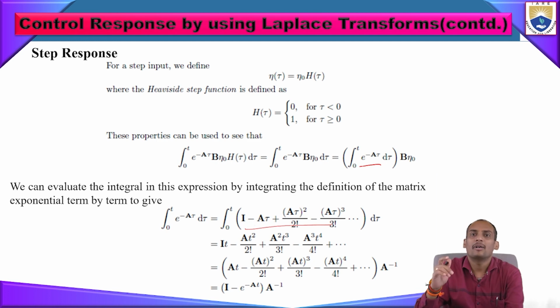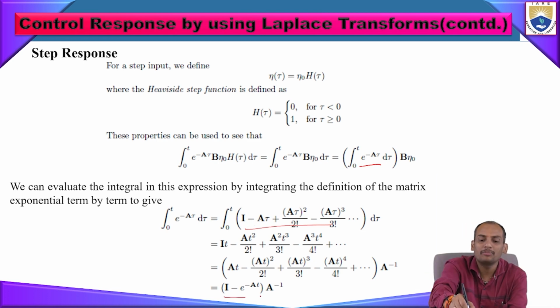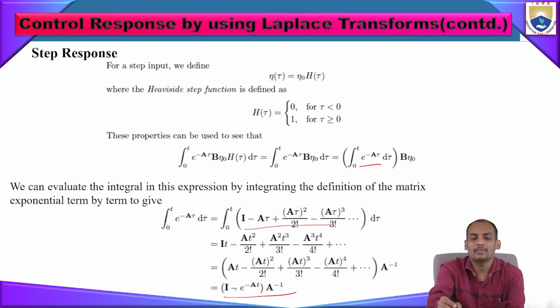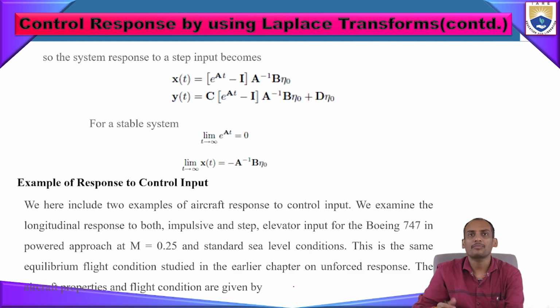If you make it into matrix form, it will be I minus e power minus At into A inverse.